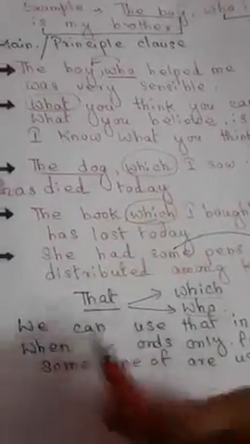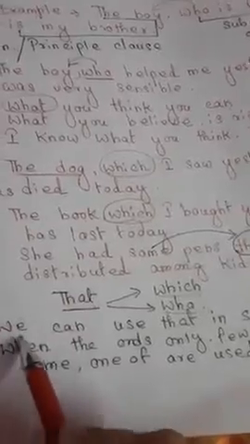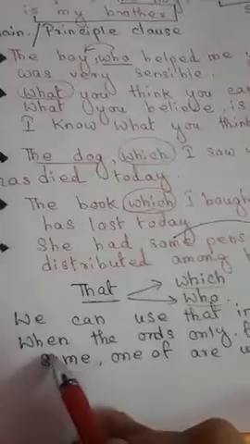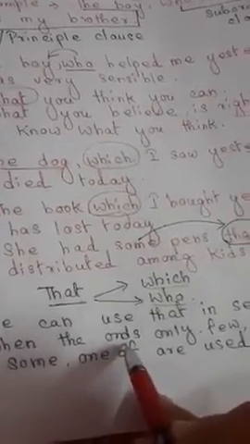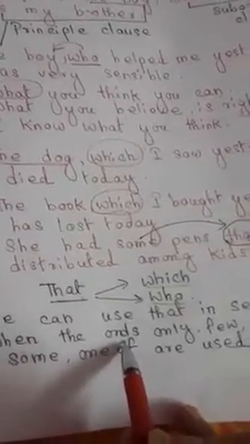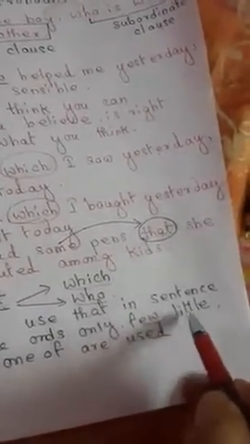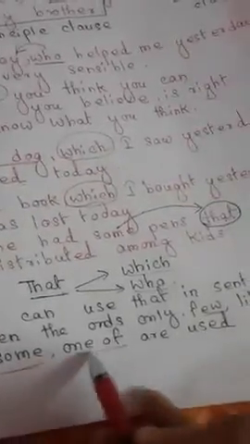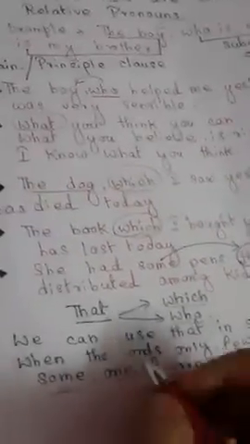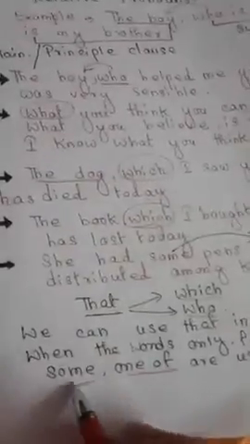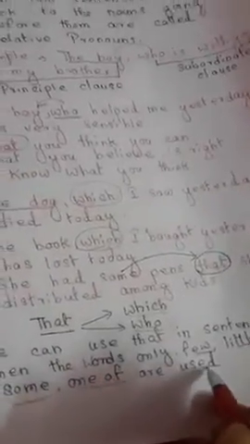But we have to remember this: we can use that in a sentence when words like few, little, some, one of are used.